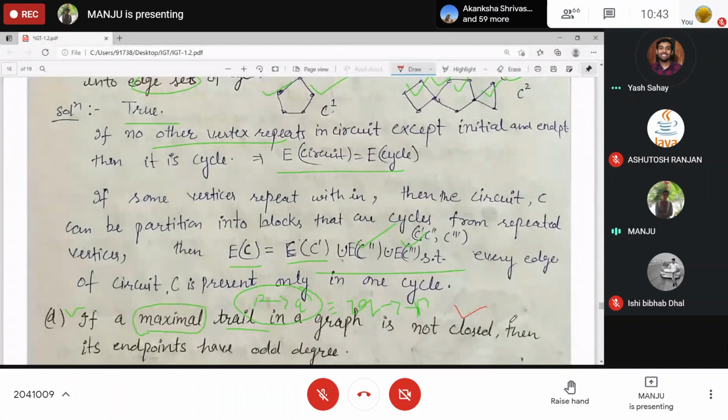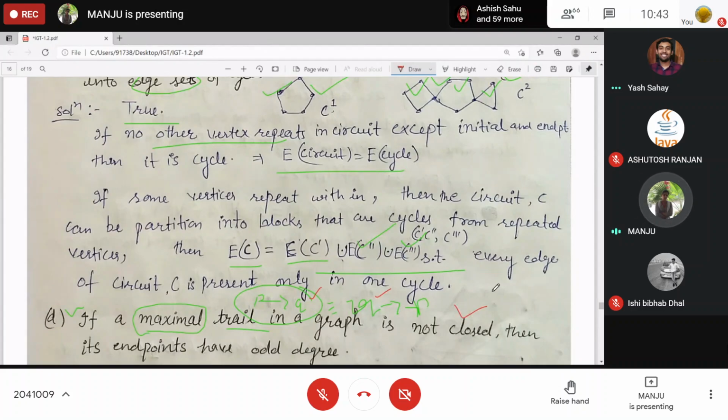Tell me. Either you can tell me the proof for this one or the proof for this one. Explain. Ma'am, it's true. Why? Explain. Ma'am, suppose there is a maximal trail in a graph which is not closed, but yet its endpoint degree is even. Then, ma'am, we can extend it. Yes, you can extend it.